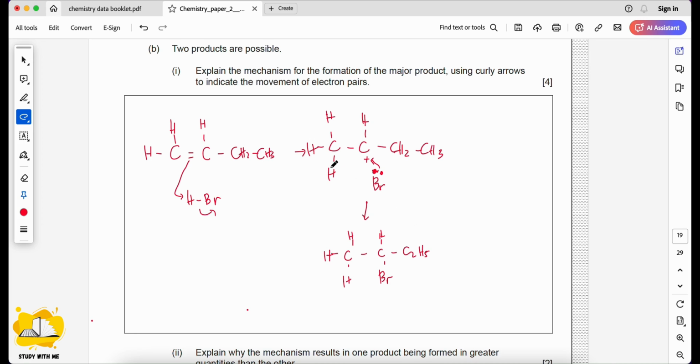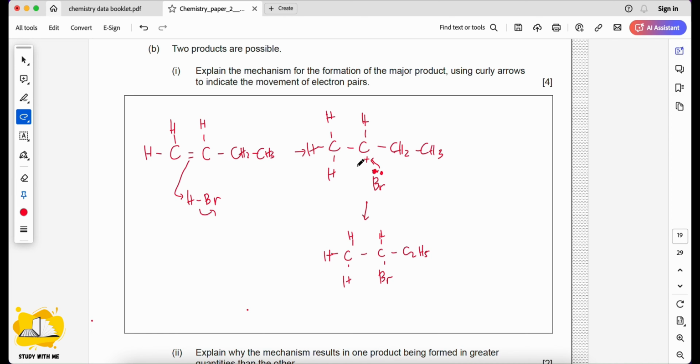The electrophile is a positively charged, partially positive or neutral molecule, which in this case is HBr. The nucleophile, butene, attacks with its pi bond the electrophile, causing the double bond to break, forming a carbocation, the C plus.